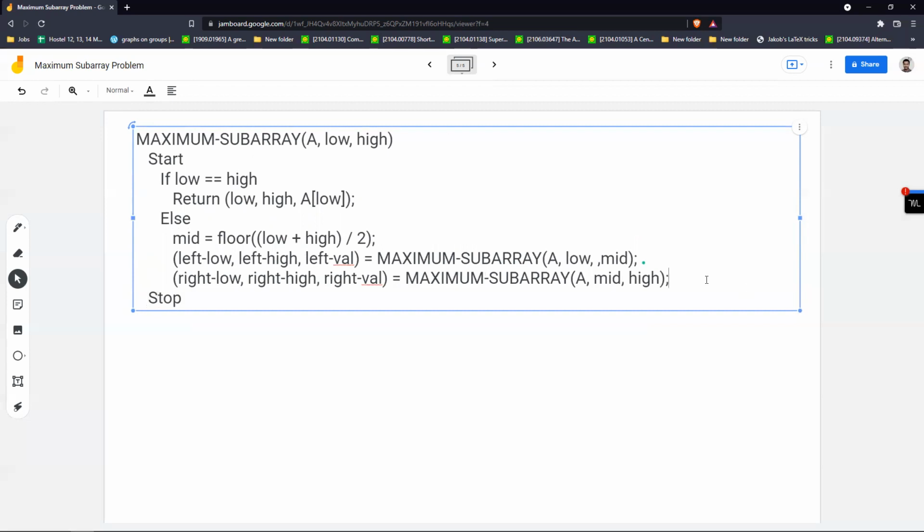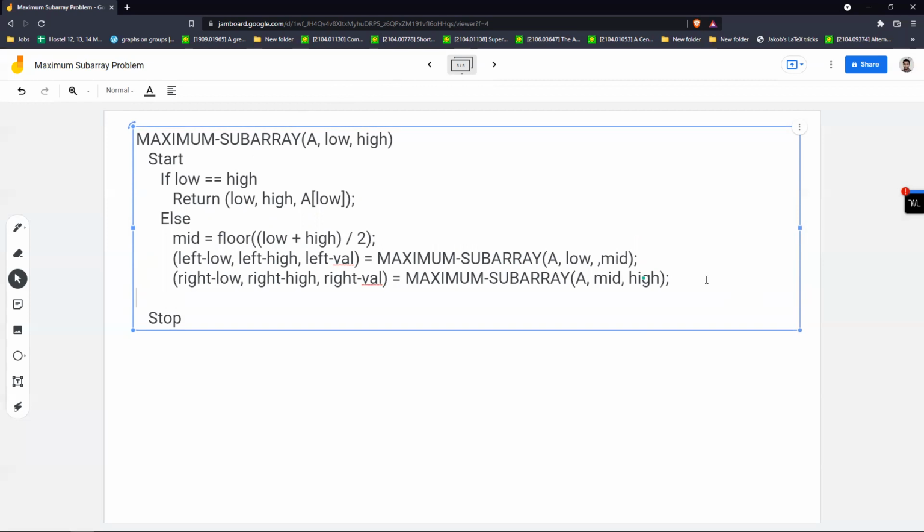Right. So we have this. What else do we need to calculate? We also need to calculate the middle part, the crossing part, the part that crosses the middle. So let's call it cross low, cross high, cross value, is equal to.